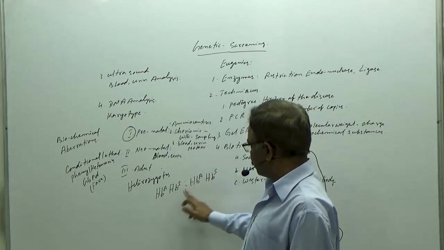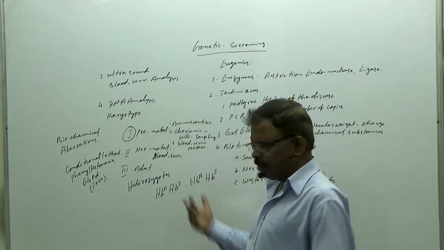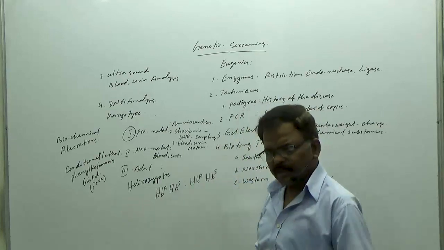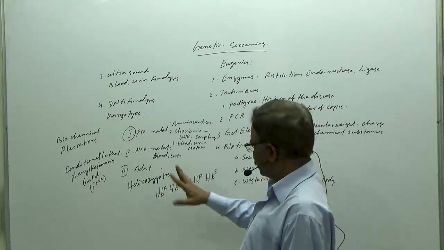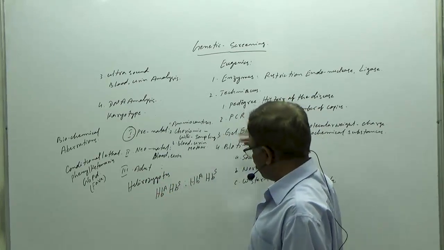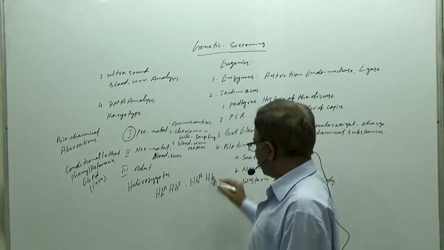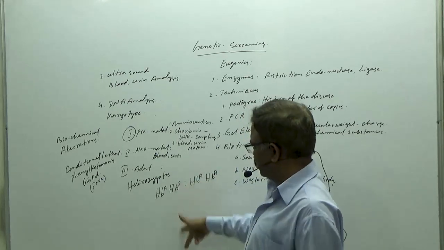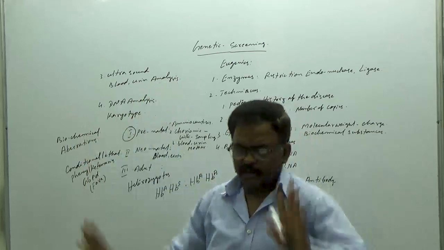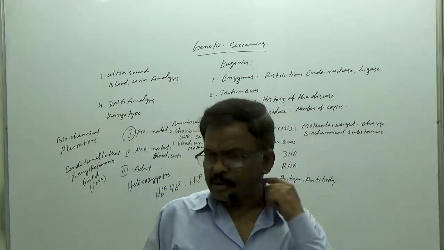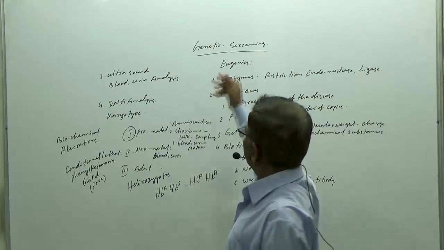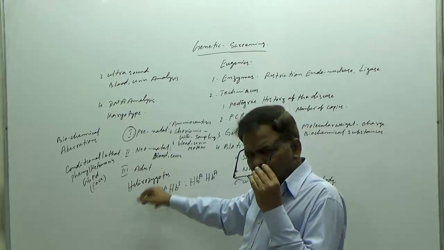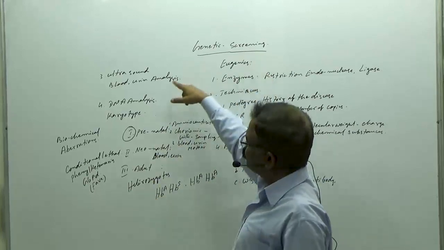These two may fertilize, otherwise these two may fertilize. So 50-50 chances only in general, but in specific 25%, in random fertilization only. If a heterozygote marries another heterozygote only, the problem arises. If a heterozygote marries a normal person, then automatically he can escape from the risk. No child will get the disease. So the geneticists or genetic counselors suggest whom to marry, whom not to marry. That means genetic screening and counseling are almost linked.